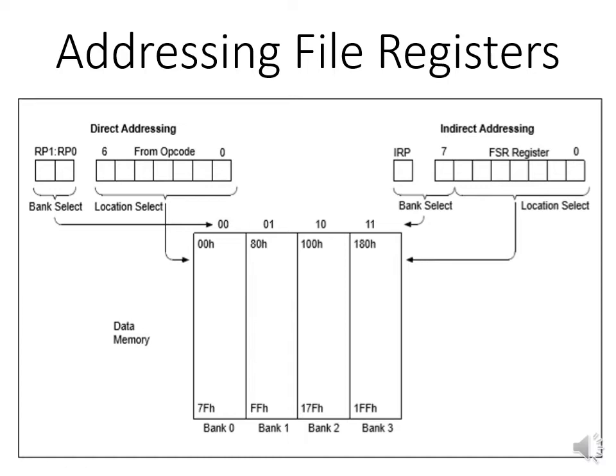The only file register that can be used as a pointer register is the register FSR. This register is located at address 04H. So in other words, FSR is a special function register that is used as a pointer for indirect addressing.